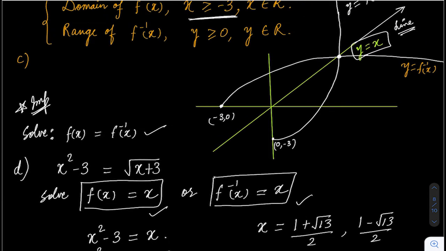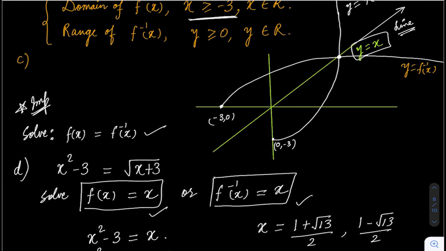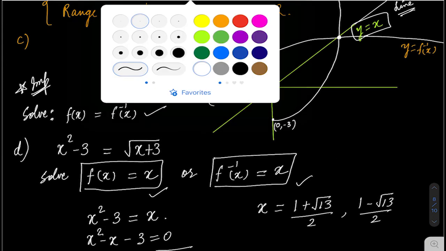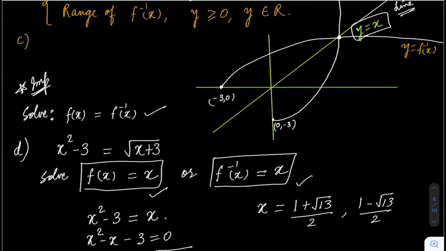Okay, now as you can see from the graph, there is only one point of intersection, and we actually got 2 points of intersection. And the second thing is, this value, 1 plus square root of 13, is something positive, right? This is something which is a negative number. And you can see that they are intersecting only at some positive number.